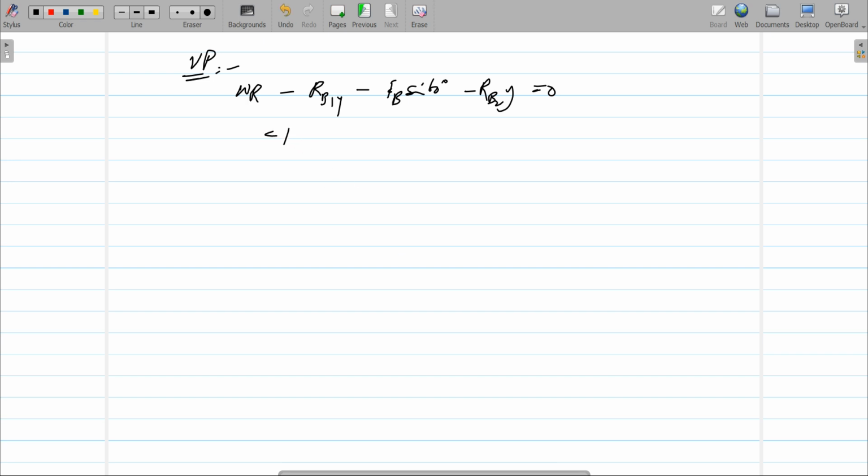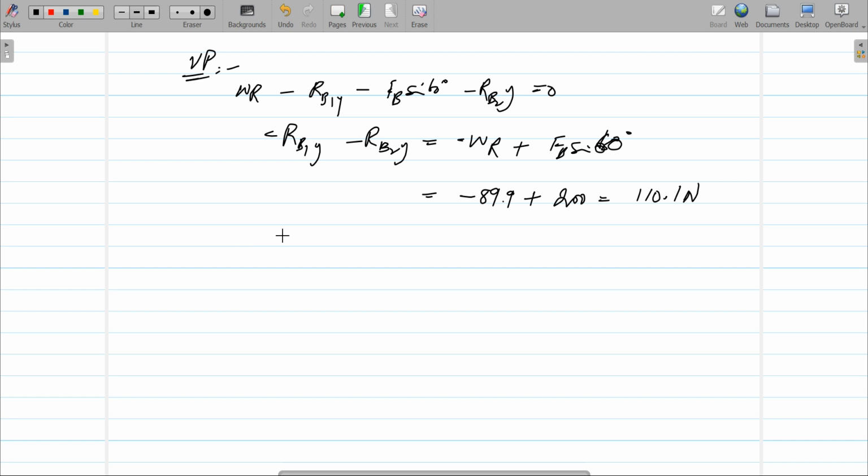So minus RB1Y minus RB2Y equals to minus WR plus FB sine of 60 degree, which is minus 89.9 plus sine of 60 times 200. So the answer is 110.1 Newton.